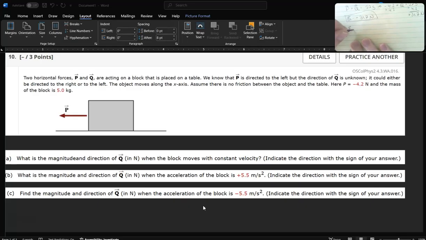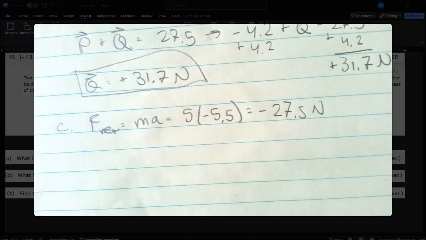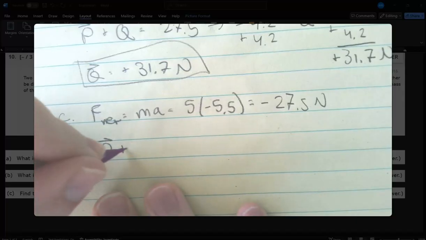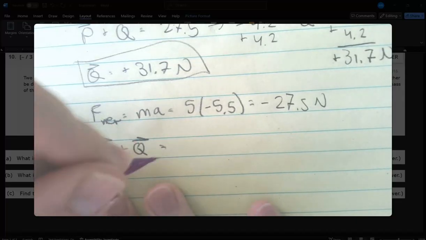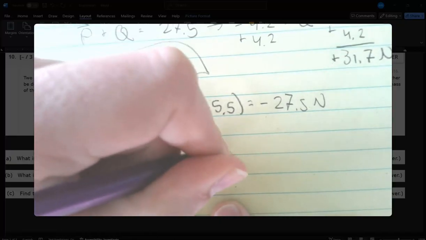F net is mass times acceleration, which is 5 times negative 5.5, which is negative 27.5 newtons. That's my net force, what I get when I add all the forces together. We just have the two forces, so P plus Q equals negative 27.5 newtons.